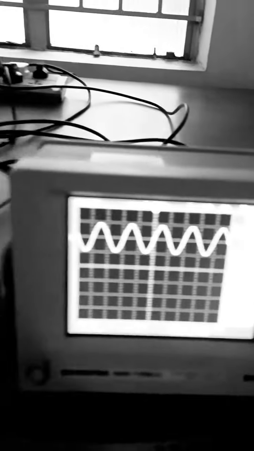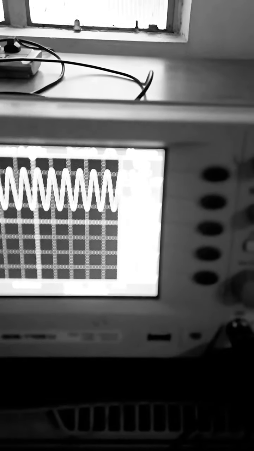Similarly, for 5 kilohertz of frequency, you can see here the output voltage is around 2.48 volts.